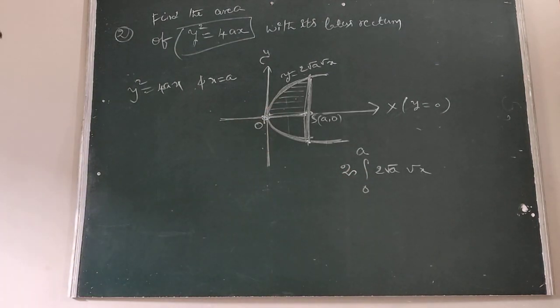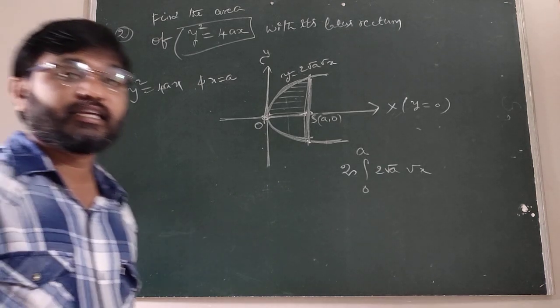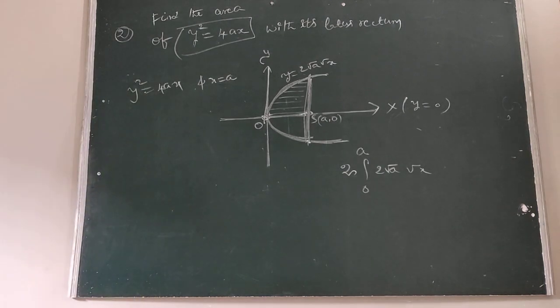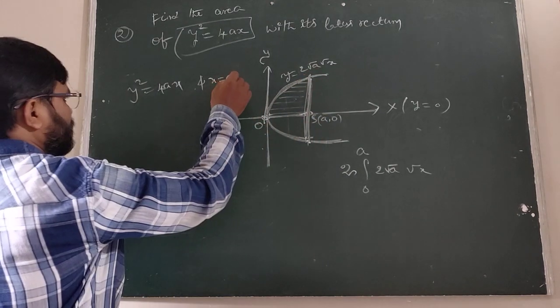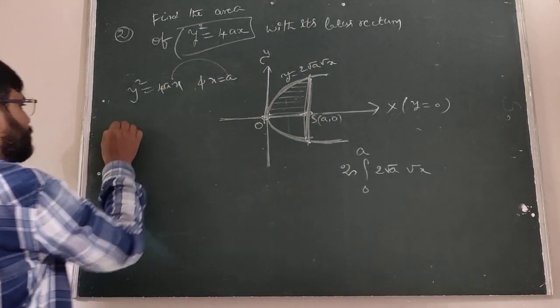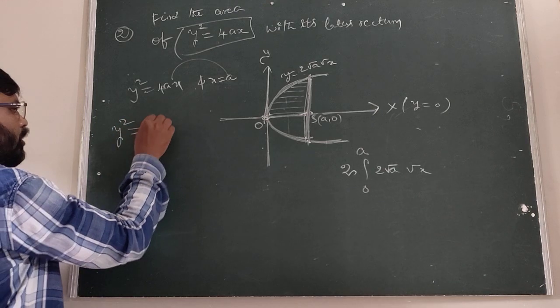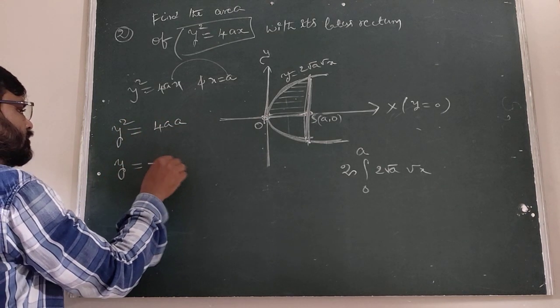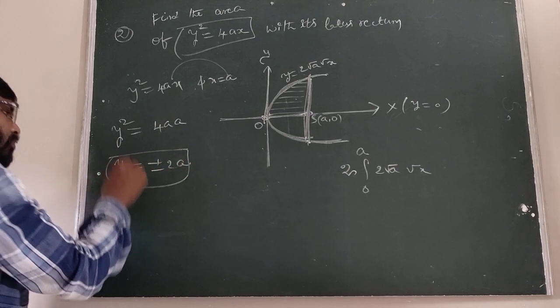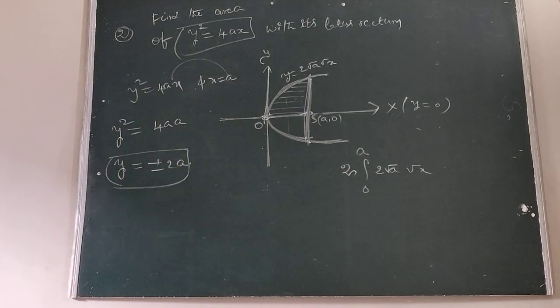So the another method is, when we are taking the boundaries in y, how to take the boundaries in y? This is the line x equal to a. Now this is x equal to a, substitute in this. Y square equals 4a into a, that is y equals plus or minus 2a. These are the boundaries, plus or minus 2a. All of you listen here.